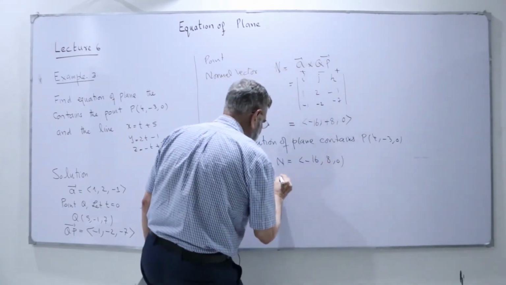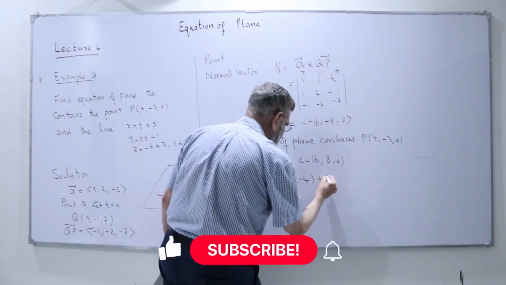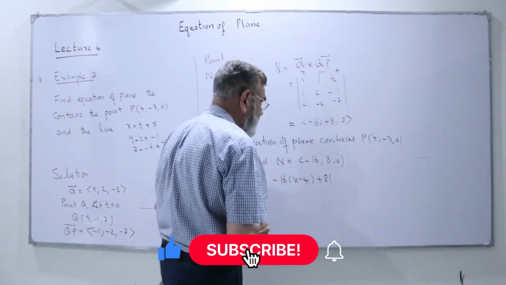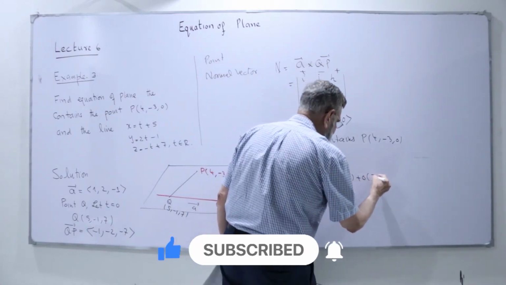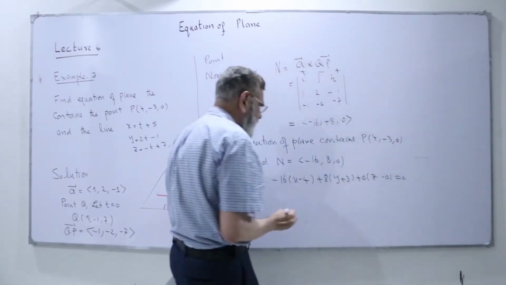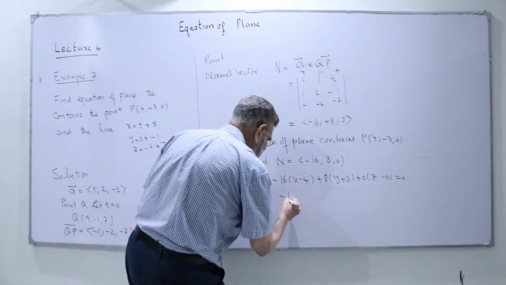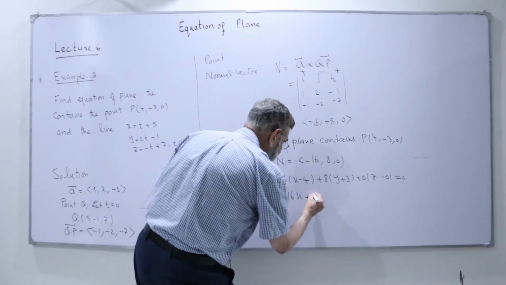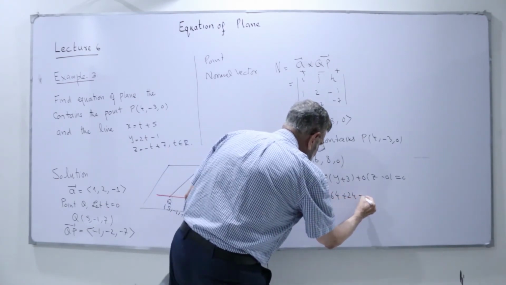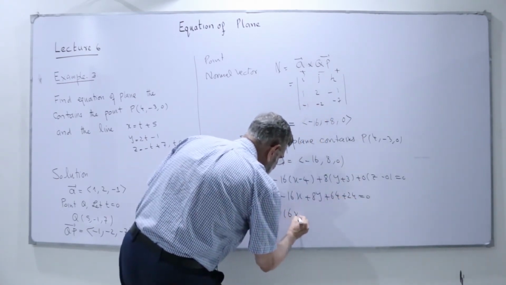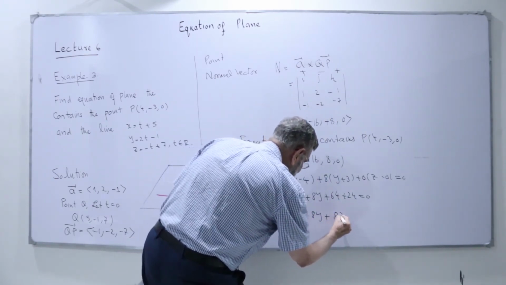We substitute: -16 times (x minus 4), plus 8 times (y minus y1, which is y plus 3), and then 0 times (z minus 0) is equal to 0, so we don't bother about that one. We solve this and get -16x plus 8y plus 64 plus 24 equal to 0. That gives -16x + 8y + 88 = 0.